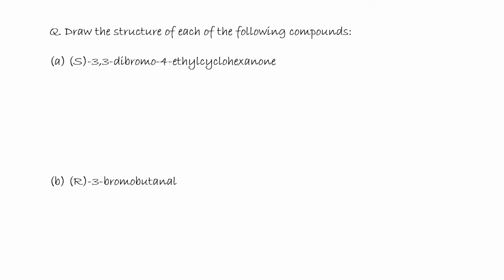Draw the structure of each of the following compounds. S-3,3-dibromo-4-ethylcyclohexanone. So we start with cyclohexanone, then number the skeleton 1, 2, 3, 4, 5, 6. 3,3-dibromo, 4-ethyl, and this should be a chiral center.